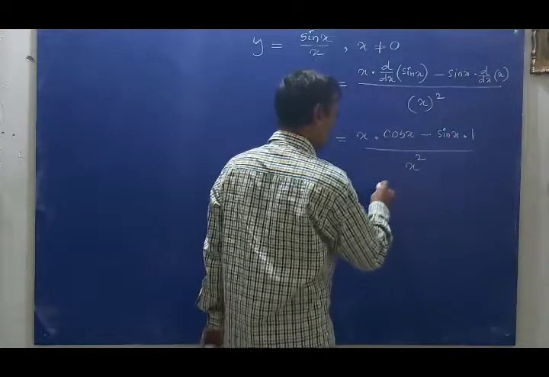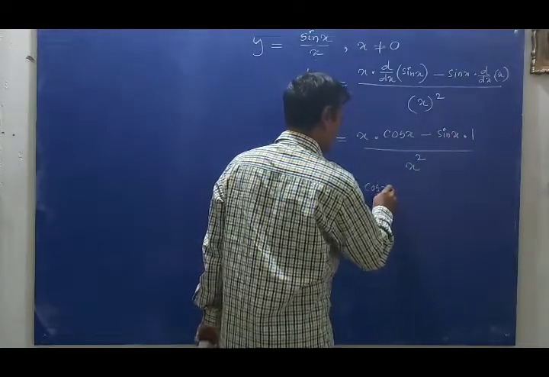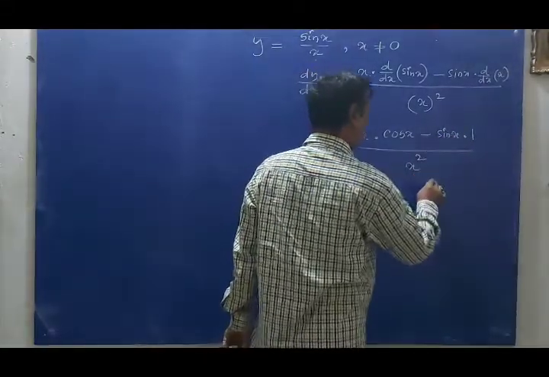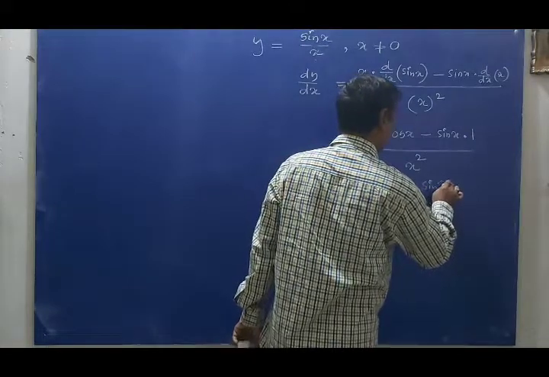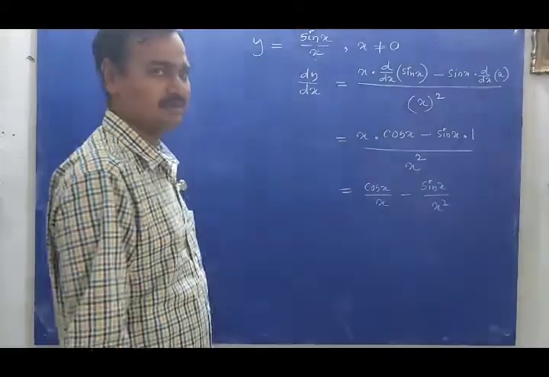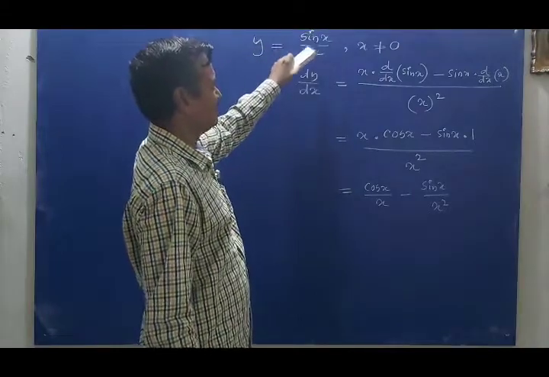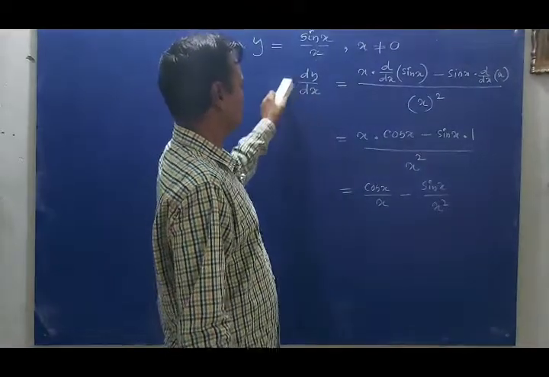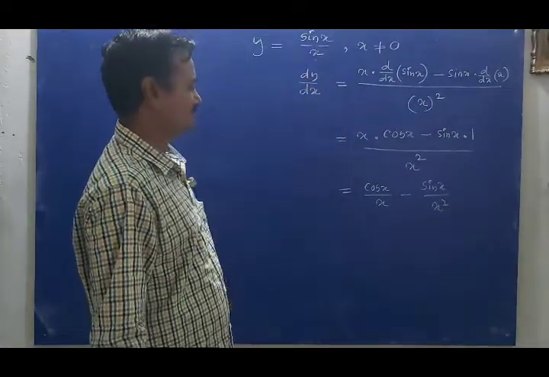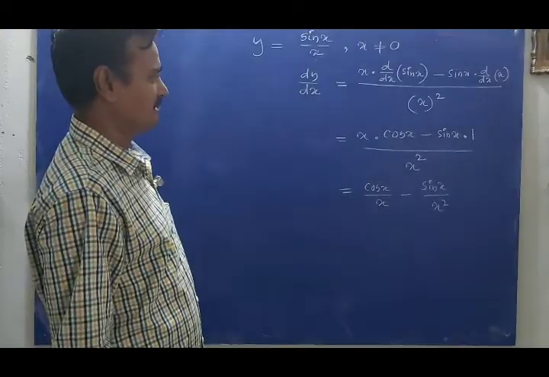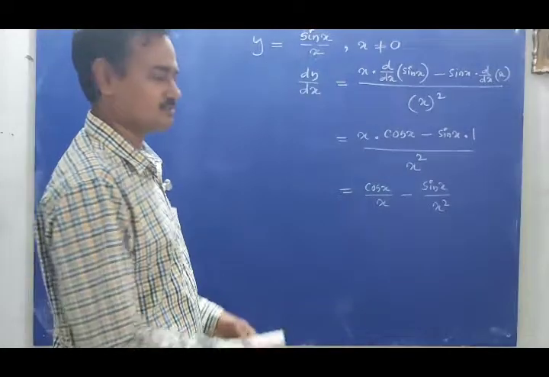So the result is cos x by x minus sin x by x square. So this is dy by dx. If y is equal to sin x by x and x is not equal to 0, then dy by dx is equal to cos x by x minus sin x by x square.